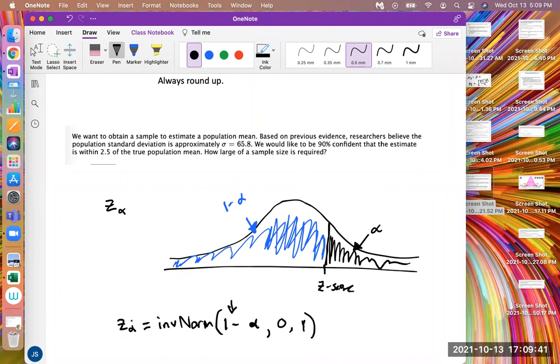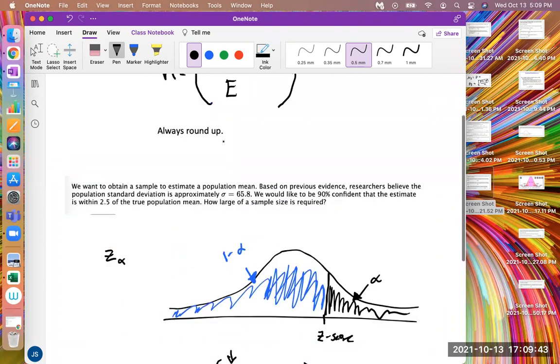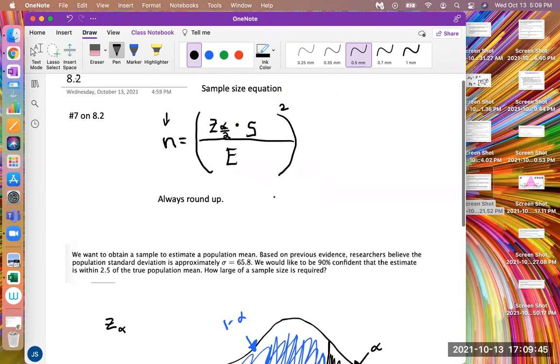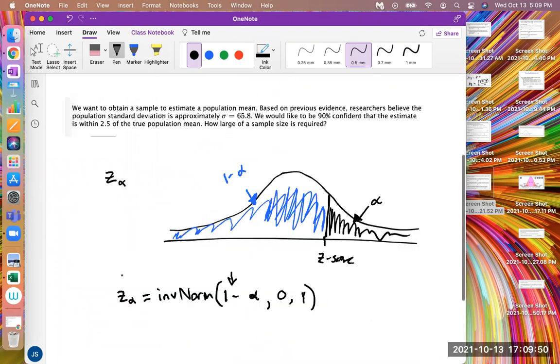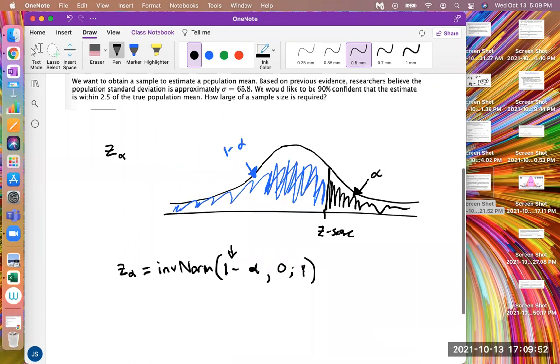Actually, in our problem, we want to find z alpha over 2. So if you rewrite this equation and replace the alpha with alpha over 2, you get the same kind of equation.